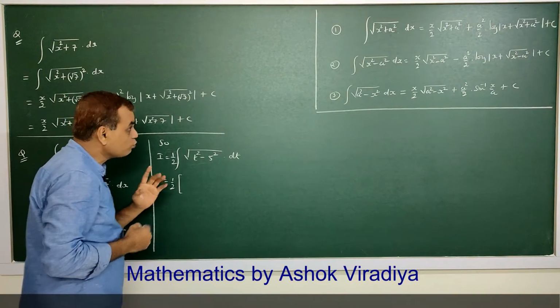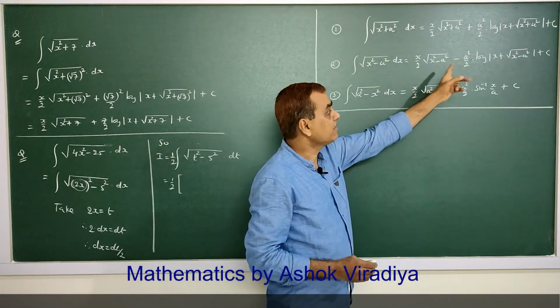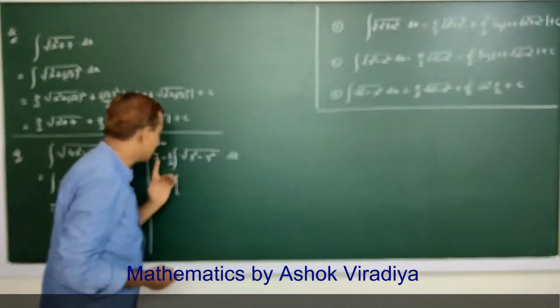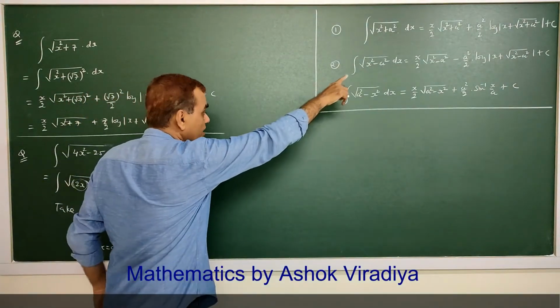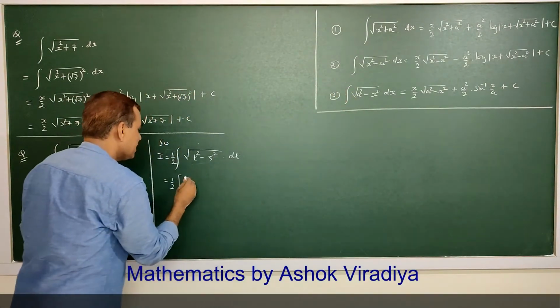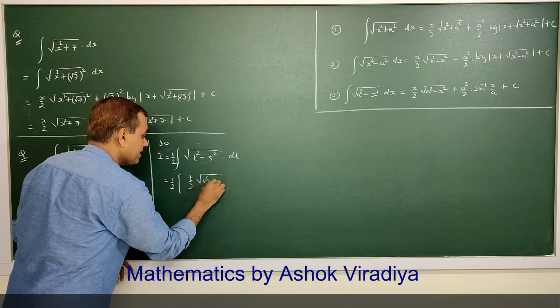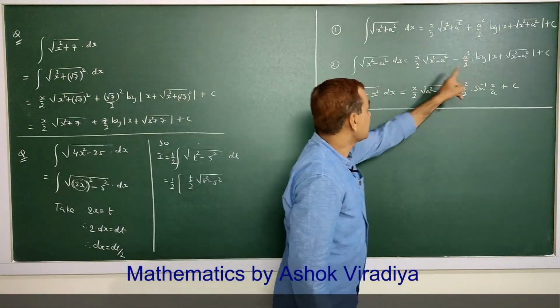Otherwise this 1 by 2 will be multiplied with only one number and the other number will be left without being multiplied with 1 by 2. So 1 by 2 into, now its value is t square minus 5 square. So t by 2 root t square minus 5 square, then this is minus a square, so minus a square by 2.